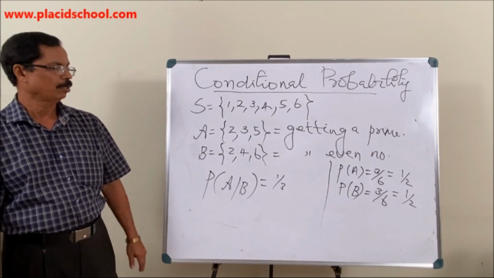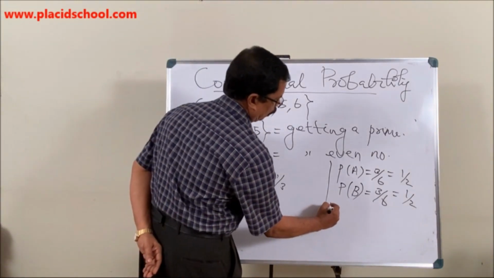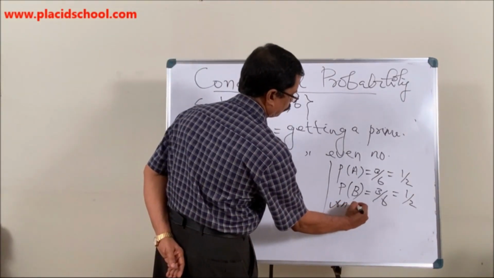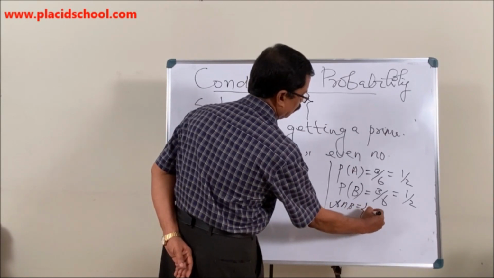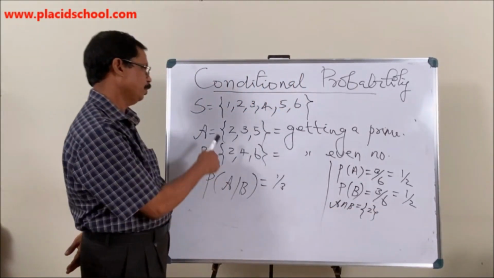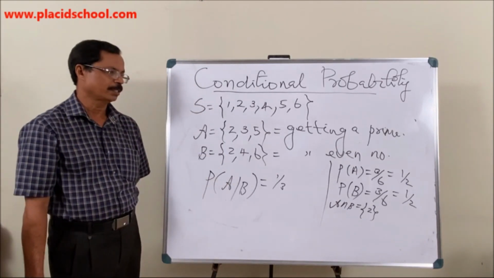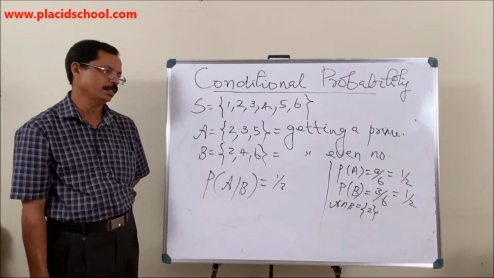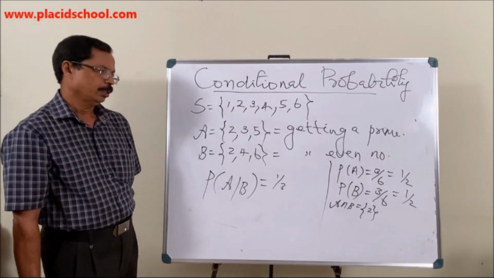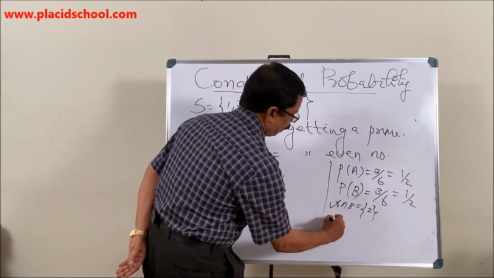Now let us check what it is. What is A intersection B? That is the set 2. A is the set 2, 3, 5 and B is the set 2, 4, 6. Then A intersection B is 2. So what is the probability of A intersection B?